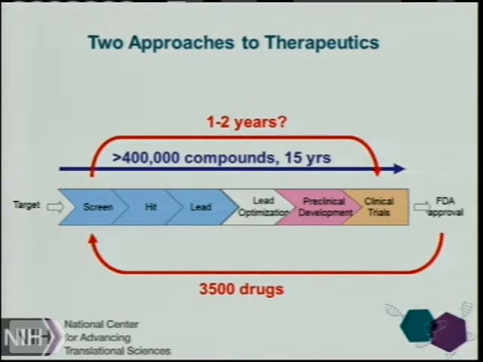I'm going to switch gears and talk a little bit about another route, right? One can take large libraries. At NCATS, we have about 500,000 such compounds in the library that are diverse and all that, and embark on medicinal chemistry after screening and hope one day for an FDA approval of the drug candidate.